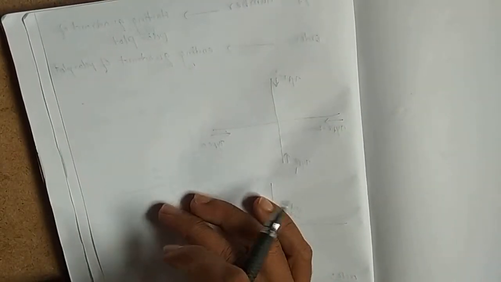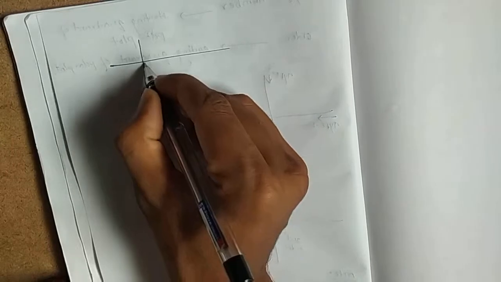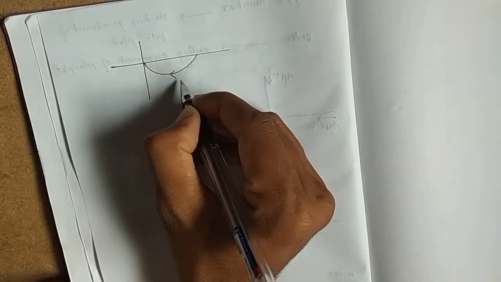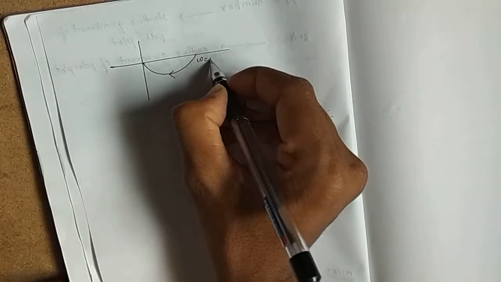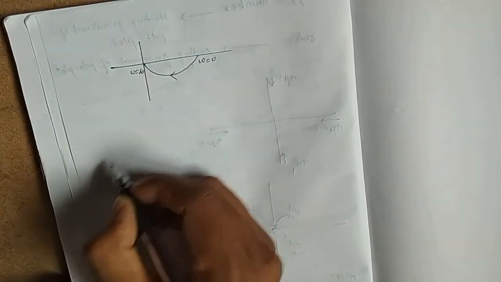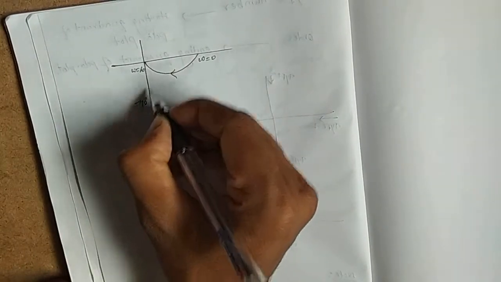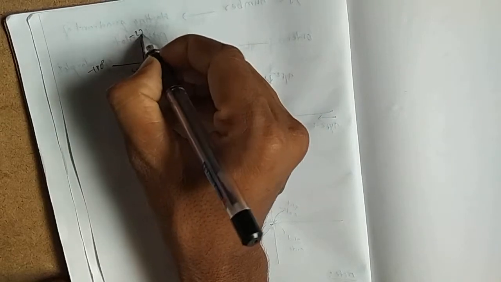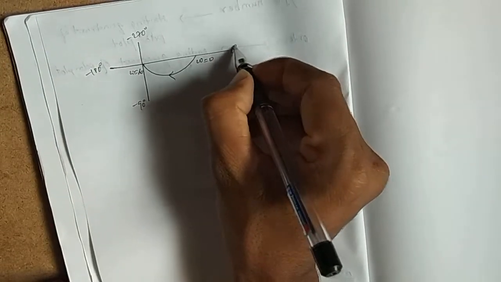Now we are seeing some examples. Omega equals 0, omega equals infinity; the angles are minus 90 degrees, minus 180 degrees, minus 270 degrees, and 0 degrees.